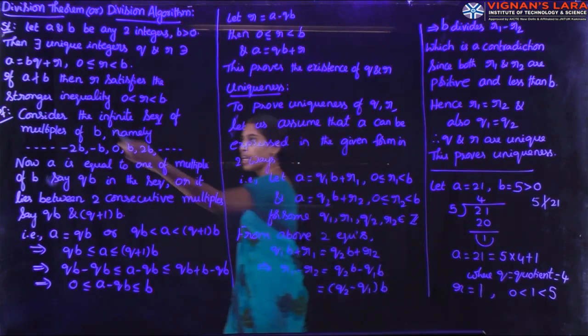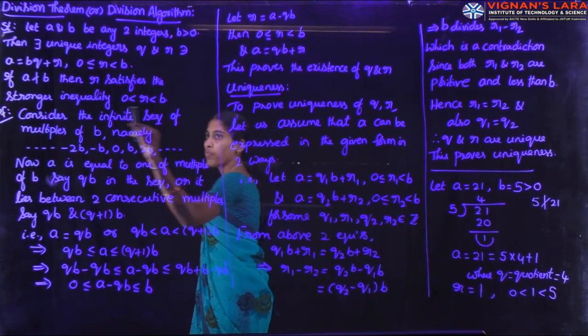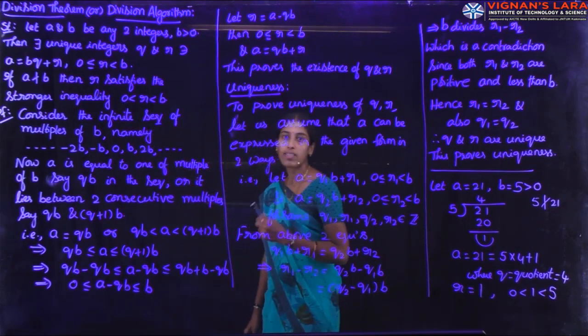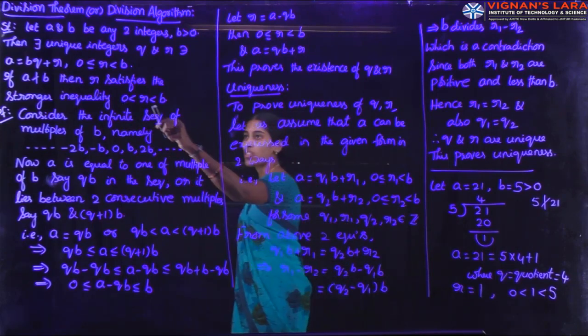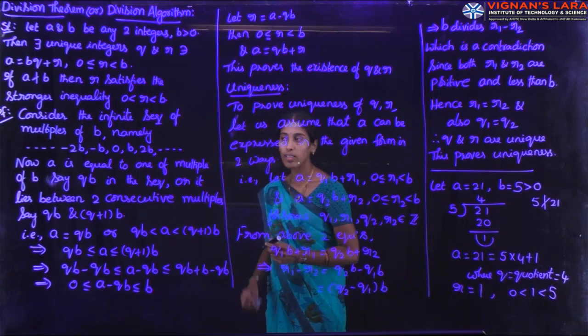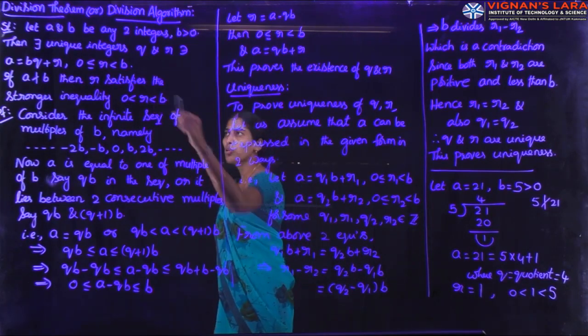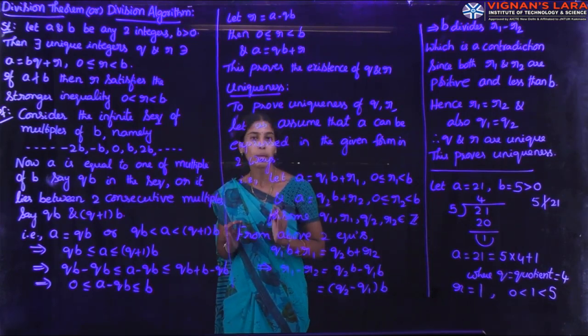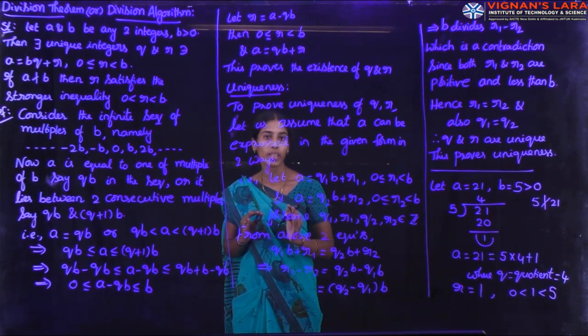Whenever A does not divide B, then R follows the stronger or strict inequality, which lies between 0 and B, right? So we need to prove this. Here we have only two integers A and B, where B is a positive integer.